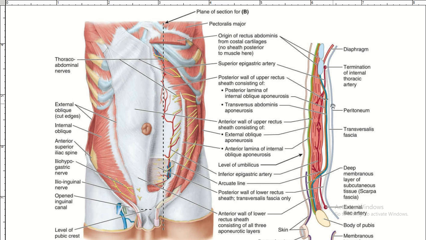Right, so first you're going to have the rectus abdominis muscle here together with the pyramidalis muscle. And then you're going to have the superior epigastric and the inferior epigastric vessels. They will be deep to these muscles, as they anastomose about the umbilical region. And also you're going to have the thoraco-abdominal nerves.